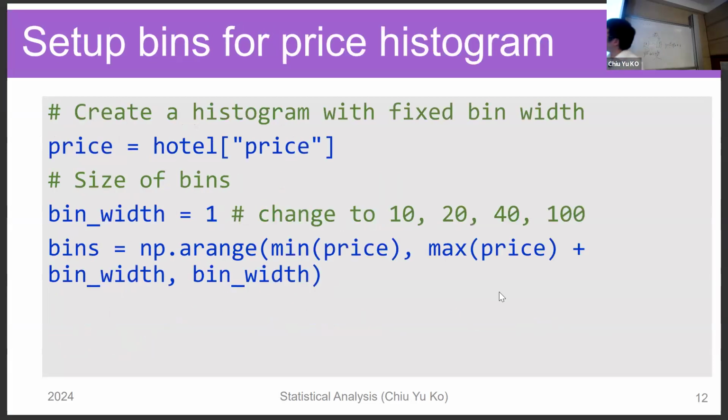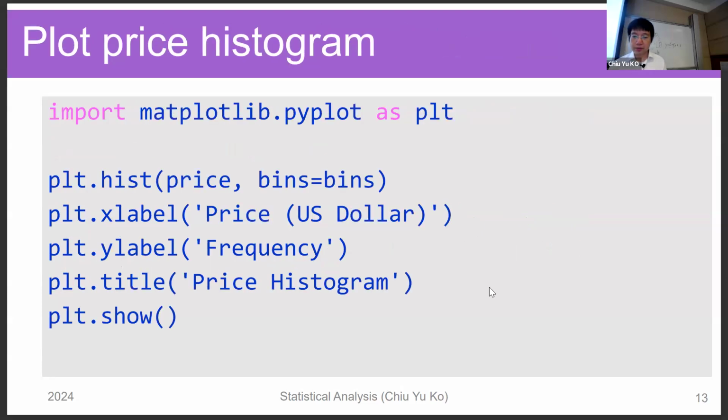Then there are 2 variables we want to look at: the price and the distance. Of course, you can look at others. Here we look at the price, and then we draw the histogram, where we have to tell it the bin size, because a histogram means you group the data.